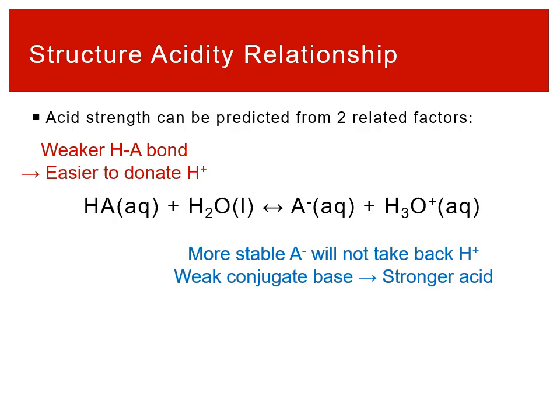Is it stable as A-? Would that mean it isn't actively grabbing onto H+? This base that we make is more stable, it's just kind of stable as it is. It's not going to react with something else to take H+. So it's weak as a base, leading to this being a stronger acid.